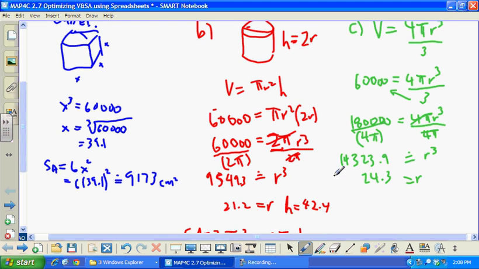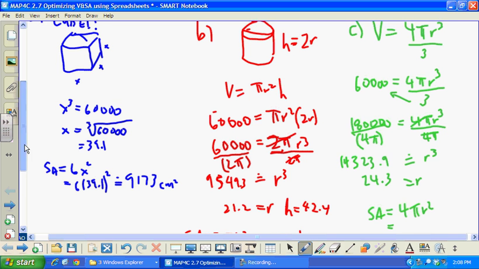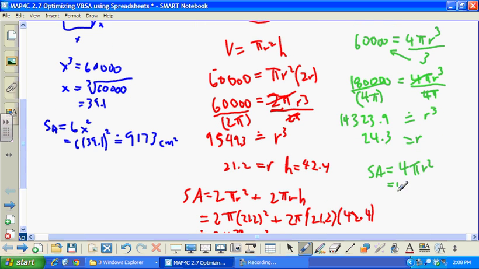So compared to the other two, surface area of a sphere. Got this on your formula sheet? I hope so. It just goes into your calculator. 24.3 there.